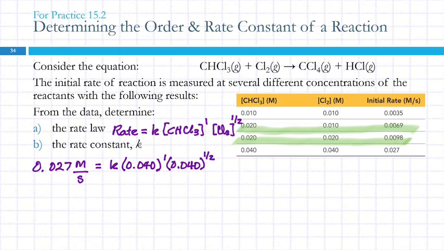I could put 1/2 here, or I could put 0.5. You see how the 1/2 is all up there in the superscript? It needs to be all up there. And I press enter. I'm going to start it at 0 again. 3.375.